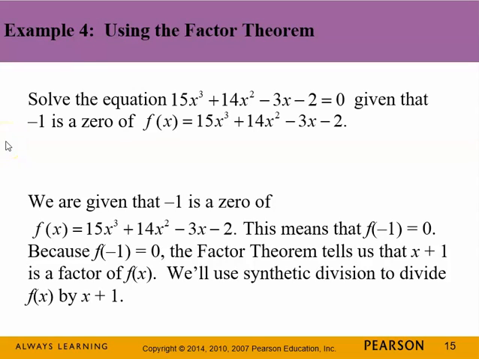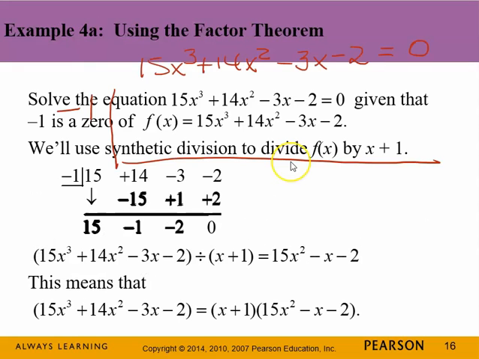So we're going to solve this function given that it equals 0. And we're saying that given that -1 is one of the zeros. Now, we're going to use the synthetic division to do this. And we've set it up so we can go to the whiteboard here.